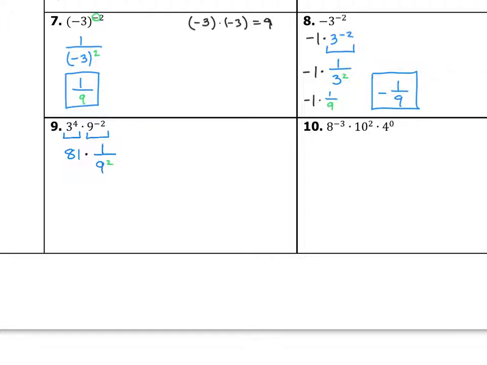And so now I can bring down my 81, and 9 squared is 81. So now we have the multiplication problem 81 times 1 over 81. And we know how to multiply fractions like this. This would give us 81 over 81. And so we end up getting an answer of simply 1.